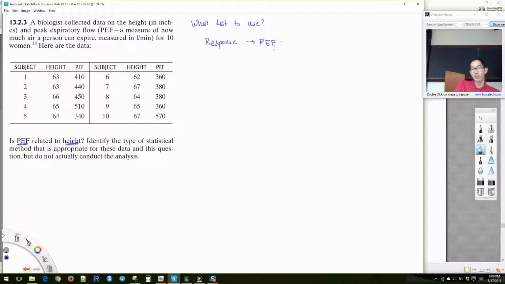We want to know, is this related to our predictor, which would be height? These are our two variables. Peak expiratory flow is numeric, and height is also numeric. So we have a numeric response and a numeric predictor. This would be correlation, or correlation and linear regression.